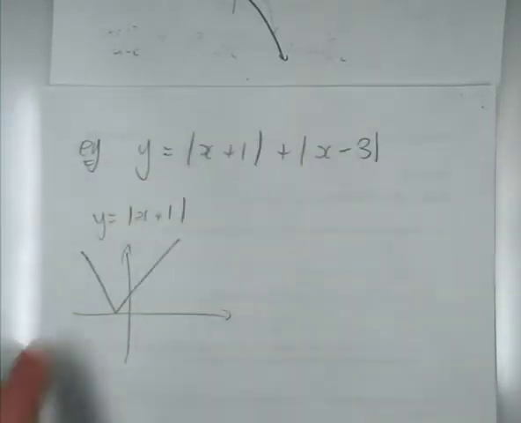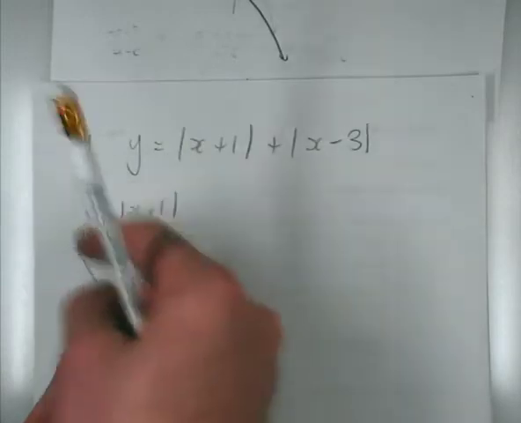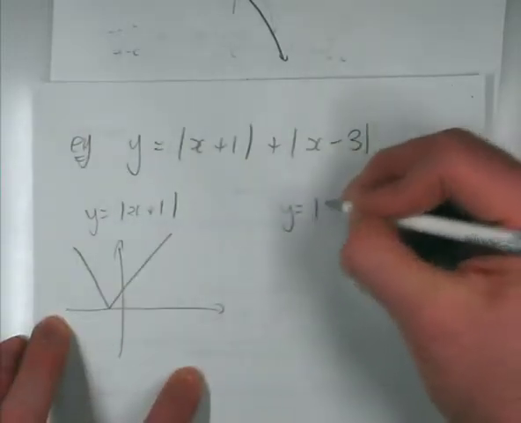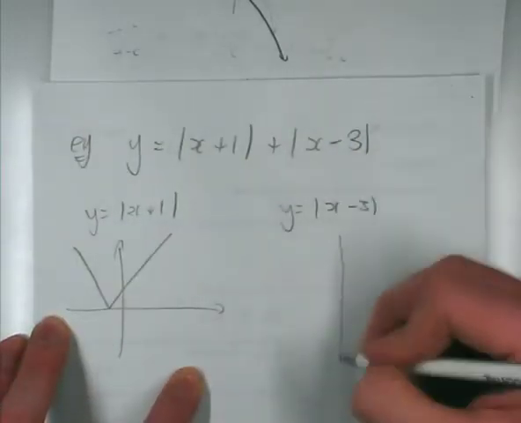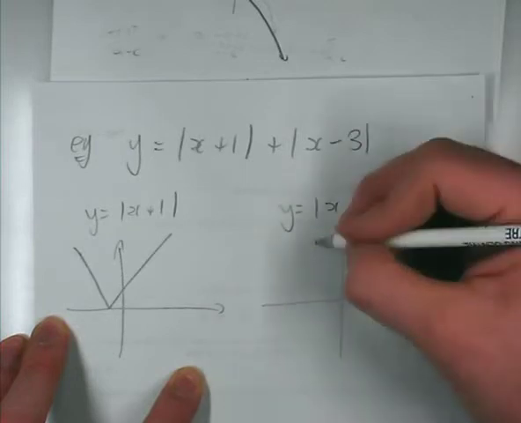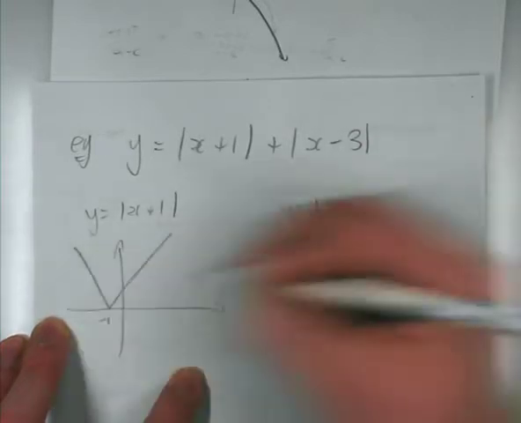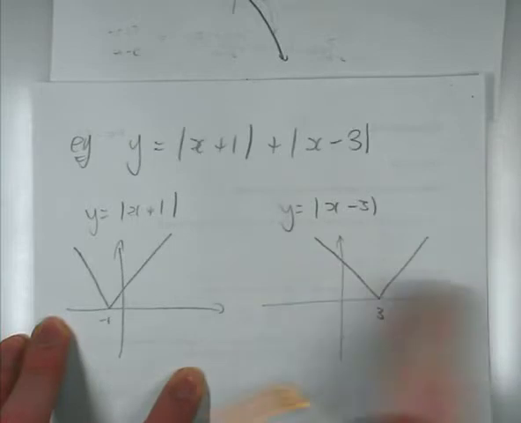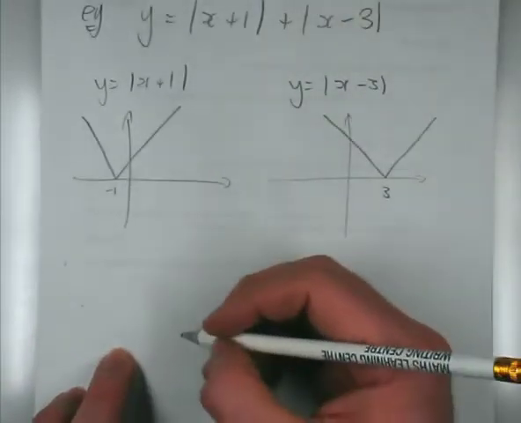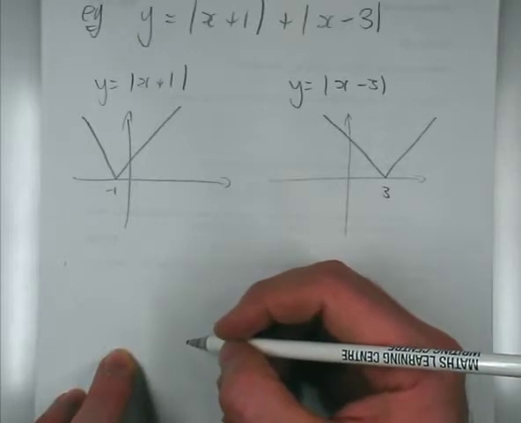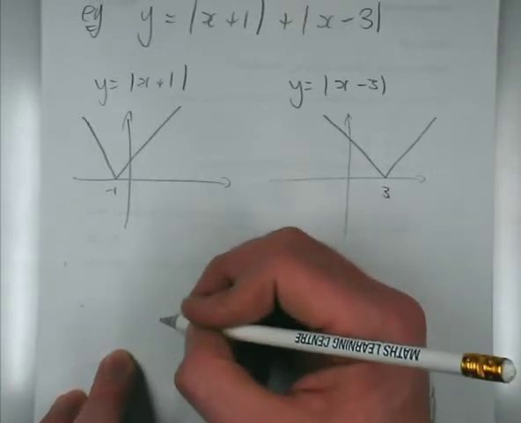Because it's mod x, which would be here, but shifted back 1. This function looks like this, because it's mod x but shifted up 3. So if I add them together, oh, no clue.